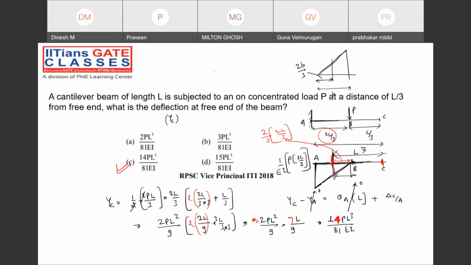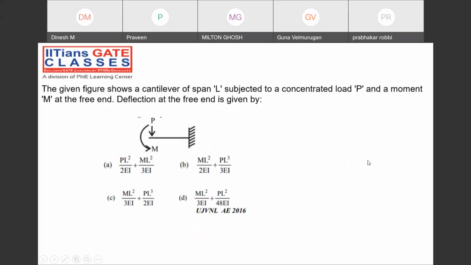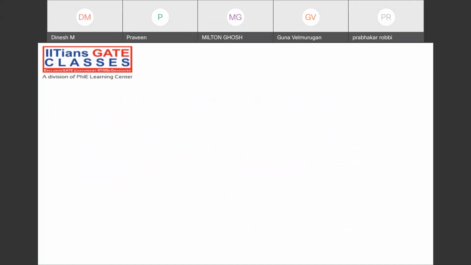Now, some of you might be very curious to know how we can solve this by another method. Let me show you a different one. One more method is there, so I'm taking the same problem and I'm going to solve this question by Castigliano's method.